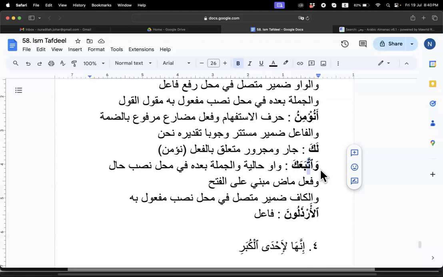So the root letters are taba'a. So it should be ittaba'a. We have two ta, it gets merged anyway. When you see ta shadda, and before that is hamzatul wasl, especially for madi, then you should be thinking of family 8. No other family. Even the mudari, yattabi'u, ta shadda. Even the amr, ittabi', still ta shadda. So this is fi'il madi, right, sister?